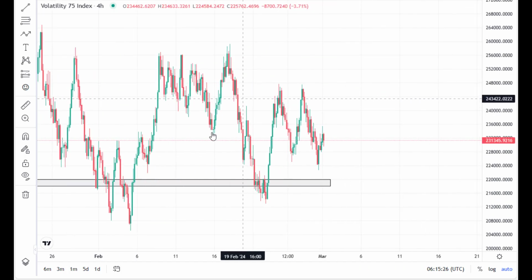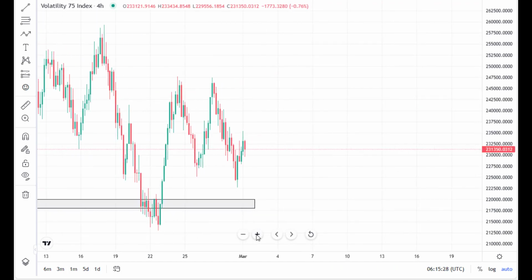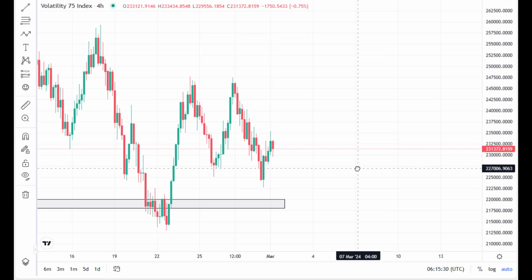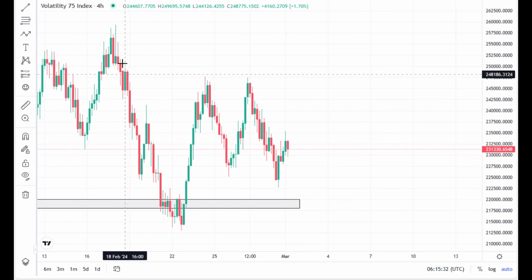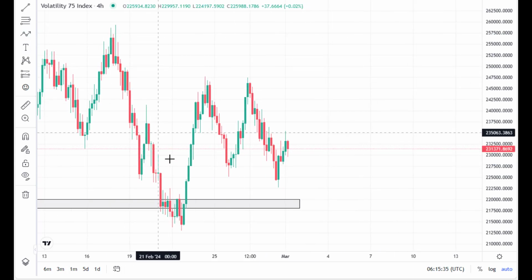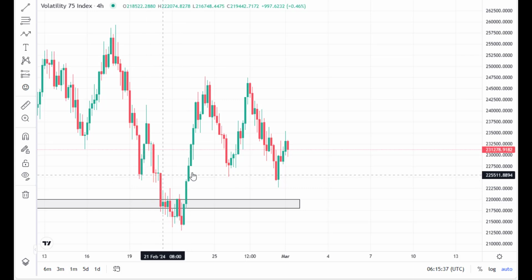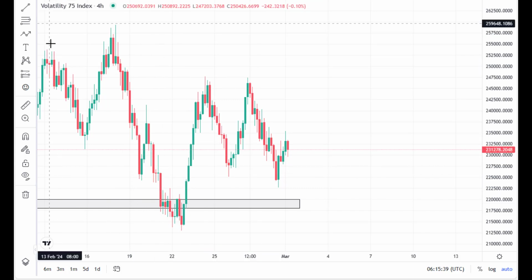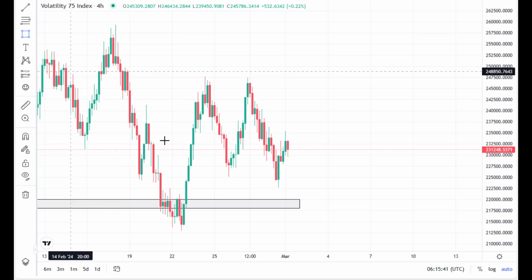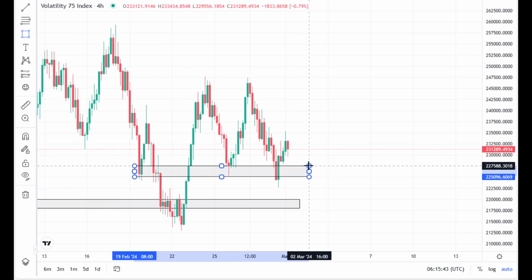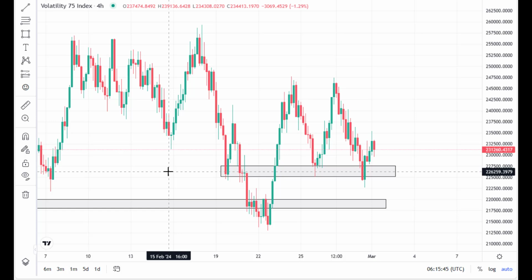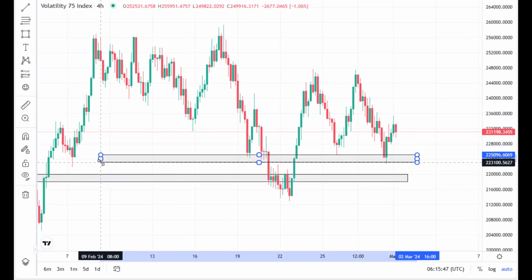So if you zoom out this time, this is what we are going to get. We are going to get another pattern here. It formed, it goes, it comes, right? And then here we see a major support that's been formed. So this major support here, as you can see, okay, this is a major support that has been formed here. If you like, you can extend it like this.